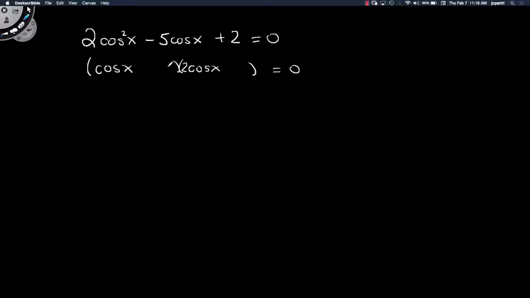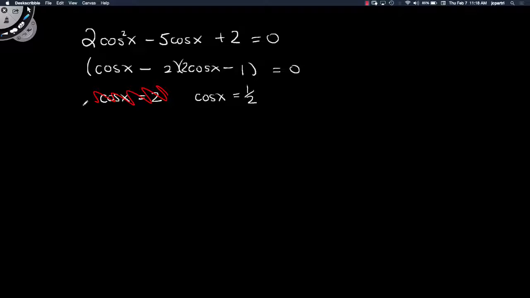And then the 2 would factor into 2 and 1, and then minus and minus. And so that would give me a middle term of negative 5. Perfect. So that means cosine of x equals 2, which is an impossibility. Cosine of x can't be bigger than 1. So that equation is thrown away. And cosine of x equals 1/2.